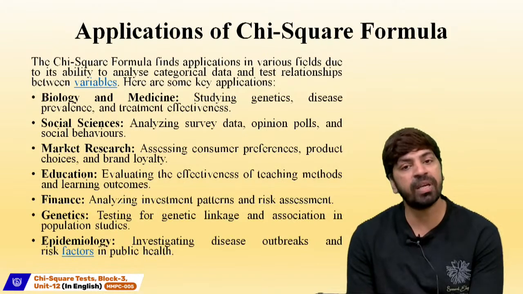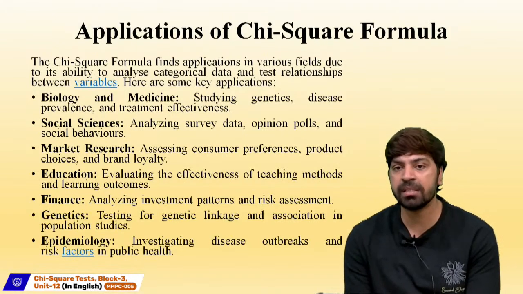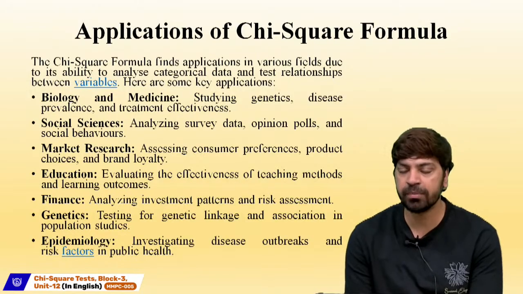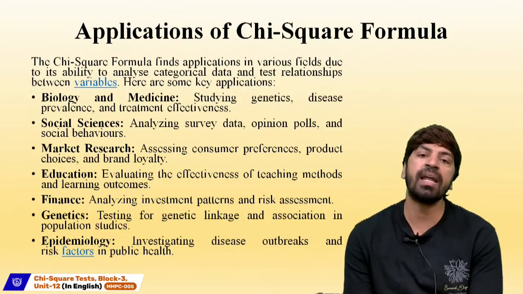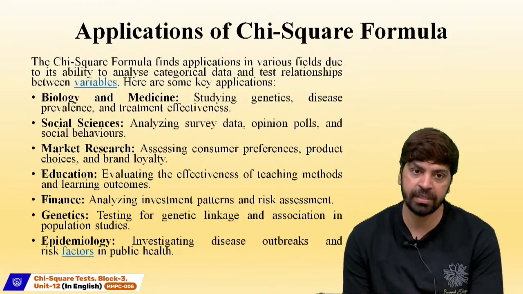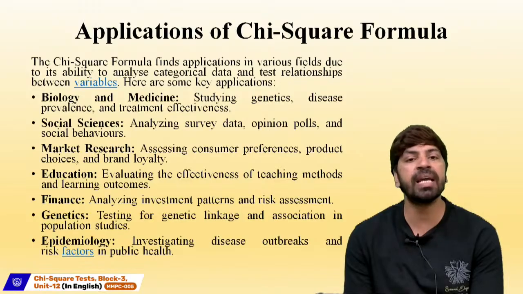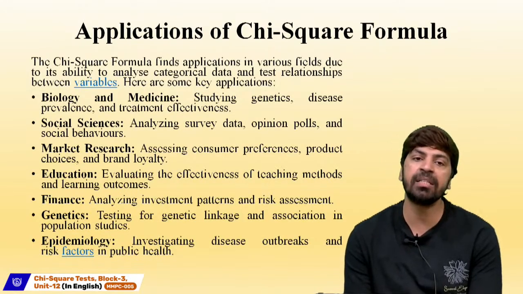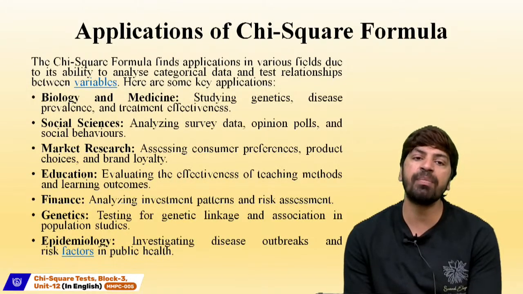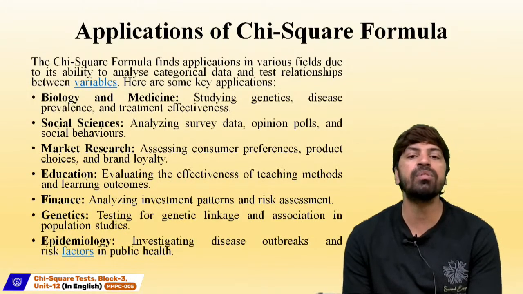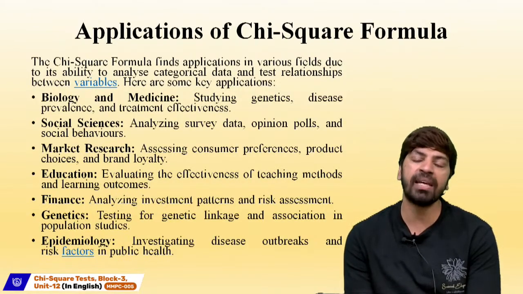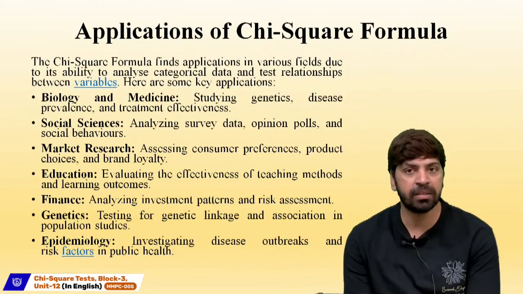In education, it aims to evaluate the effectiveness of teaching methods and learning outcomes. In finance, it aims to analyze investment patterns and assess risks. In genetics, it aims at testing for genetic linkage and association in population studies. And the next is epidemiology, which aims to investigate disease outbreaks and risk factors in public health.